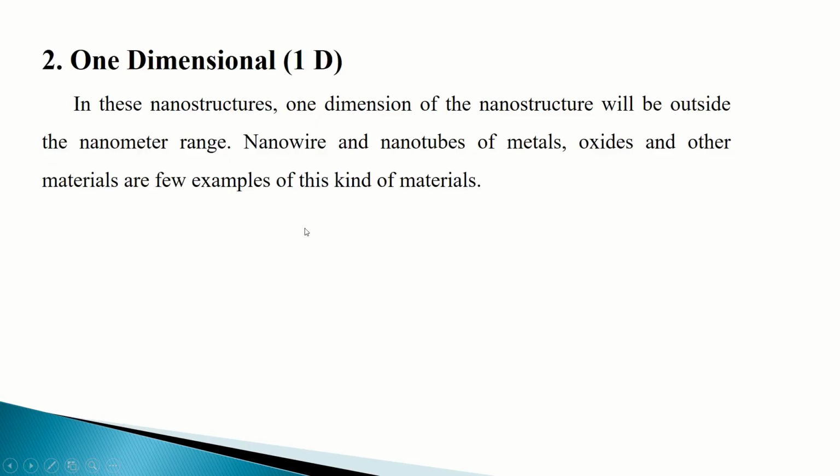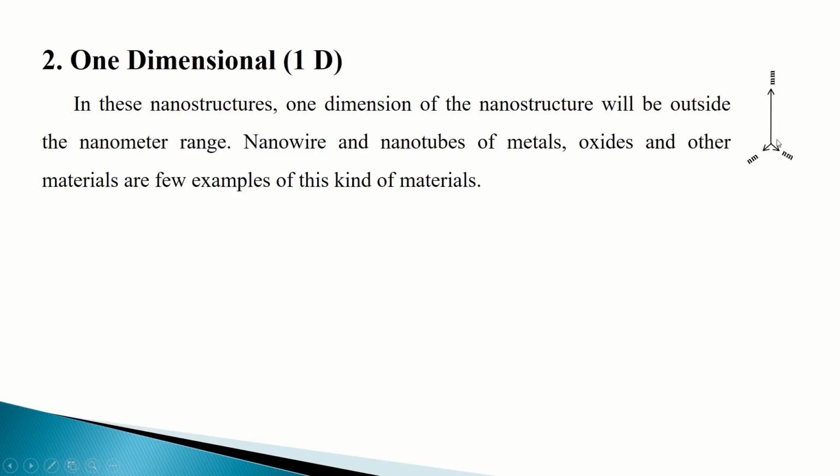Next, one dimensional. In one dimensional, in one dimension you have the range outside the nanometer. For example, in 2 dimensions you have the size in nano, and in 1 dimension it is in milli.